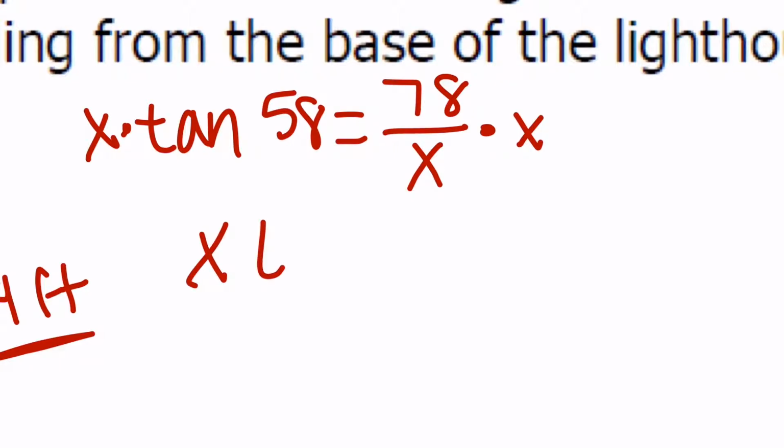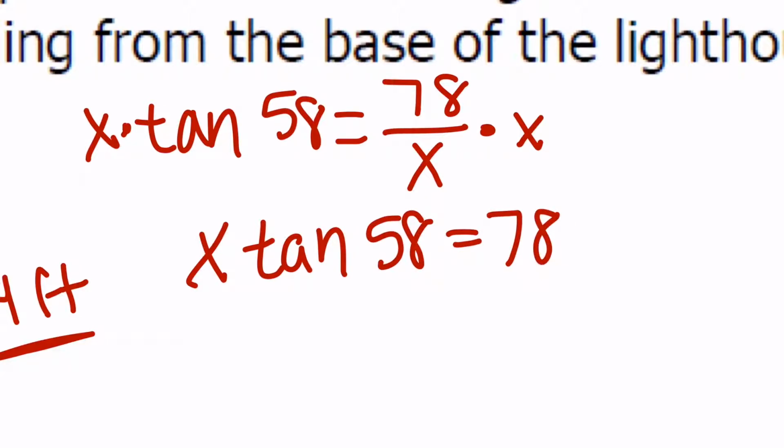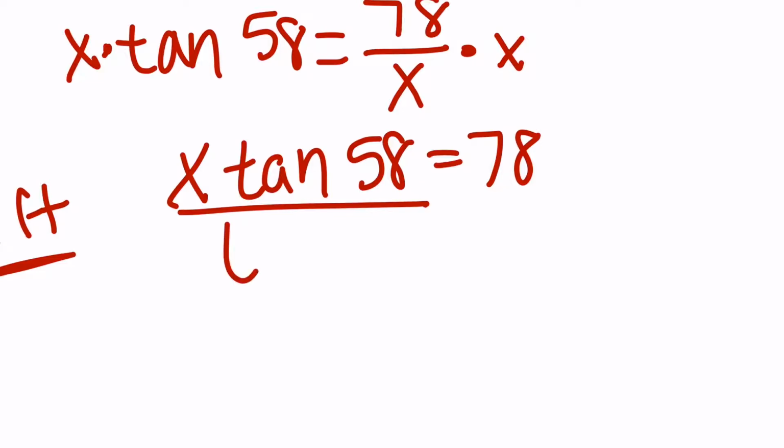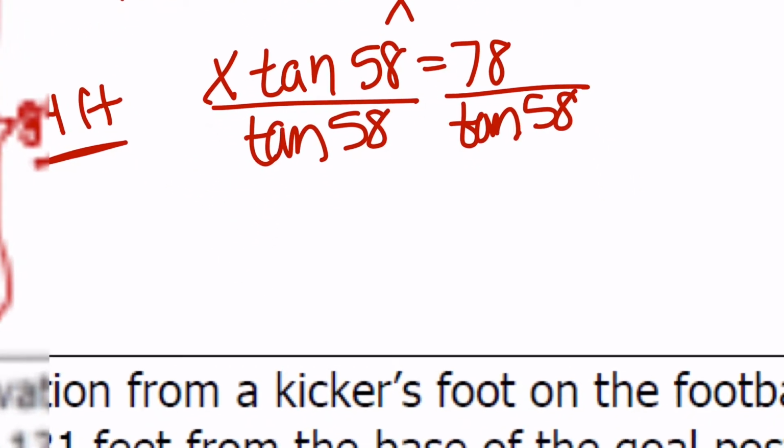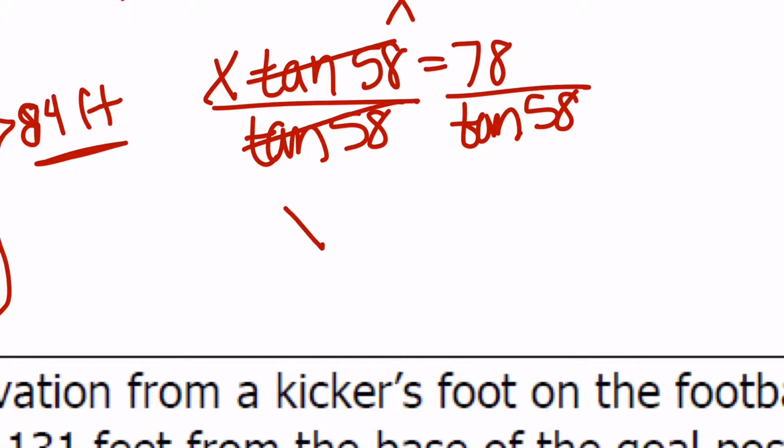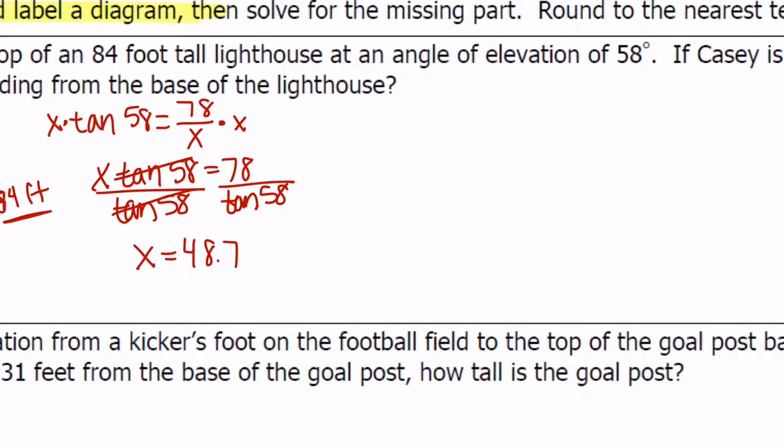So x times the tangent of 58 equals 78. Then I have to divide both sides by the tangent of 58. That cancels those, leaving me with x equal to 48.7. So Casey is standing 48.7 feet from the lighthouse.